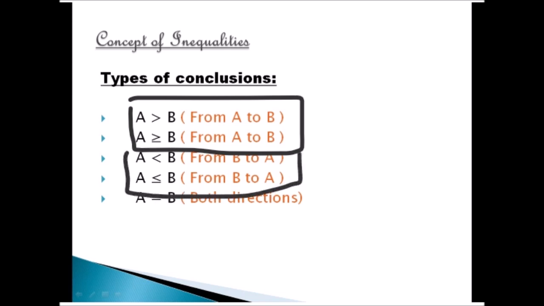Vice versa, these two will say from B to A, and the last one is from A to B as well as from B to A. So it is a two-way direction.